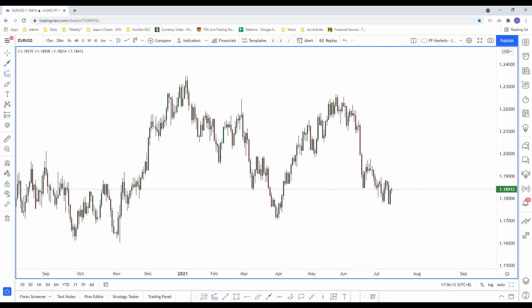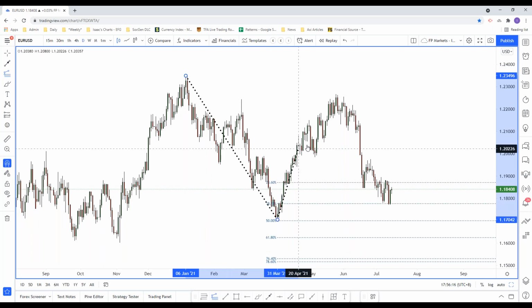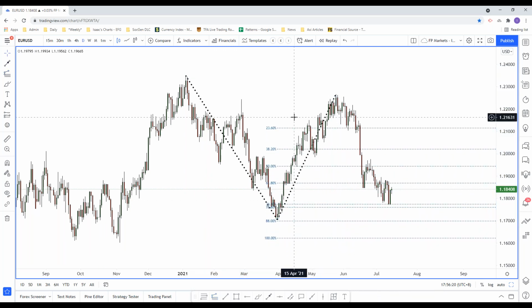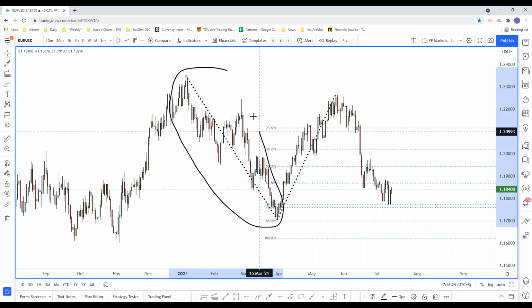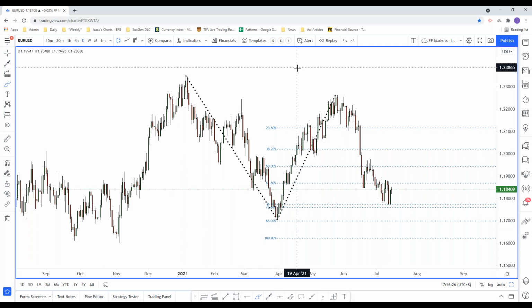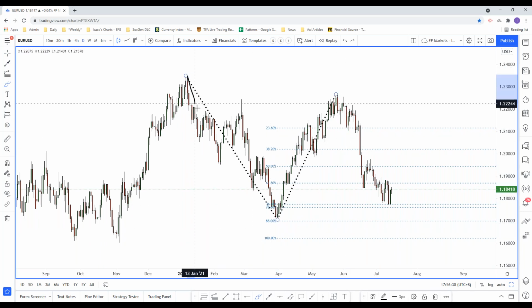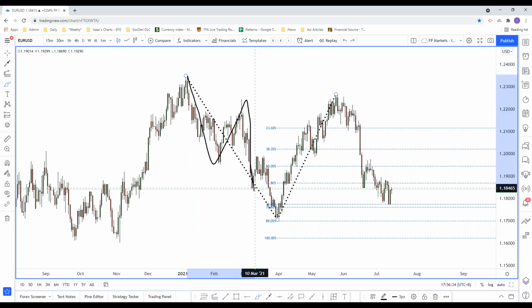Even if we were to draw a zigzag, 0.1, 0.2, 0.3. Now, when it comes to Fibonacci expansion, this line here works, but it's not as ideal as this line here, because on this line price chops across, deviates quite far away, and then comes back down to test it.